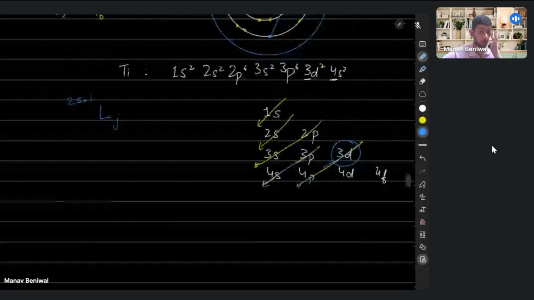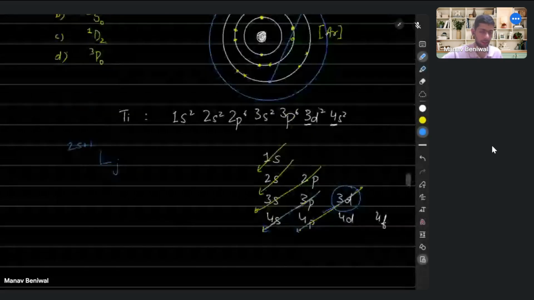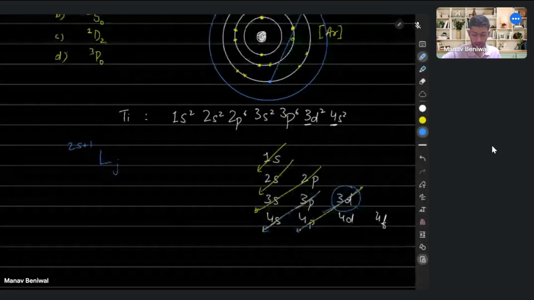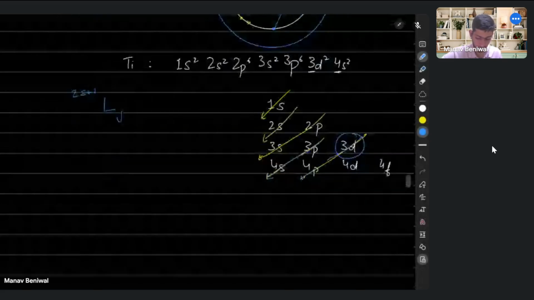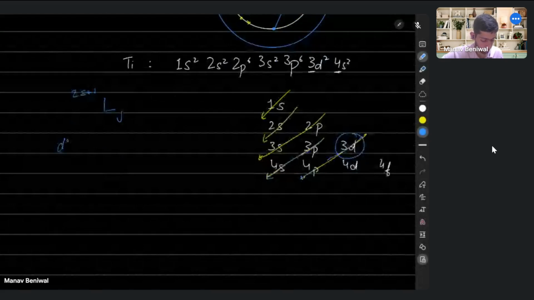These are the unfilled electrons. So we have d2 electrons.